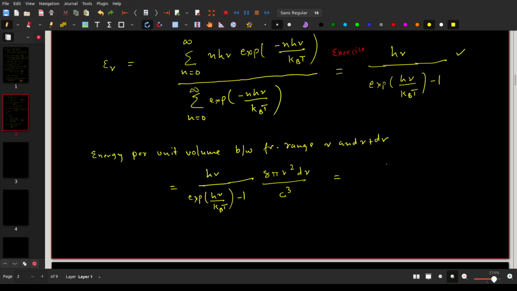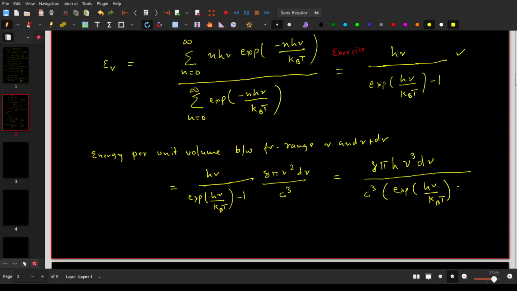And this is equal to 8 pi h times nu cube d nu by c cube exponential h nu by kBT minus 1.